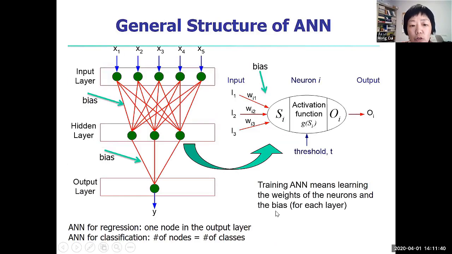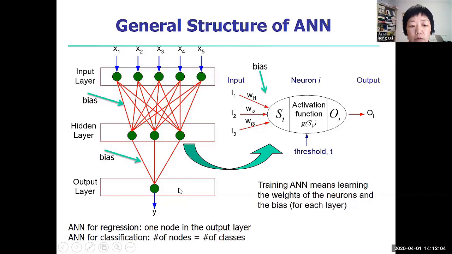So we just illustrated one perceptron that we're going to use as our example in this lecture. But in general, for a general artificial neural network, you have input layers with many, many nodes. You can have 1 to many hidden layers with many, many nodes. And you have output layers with a certain number of nodes.